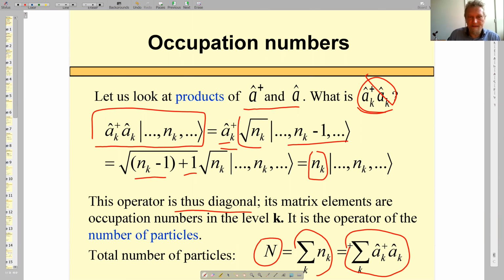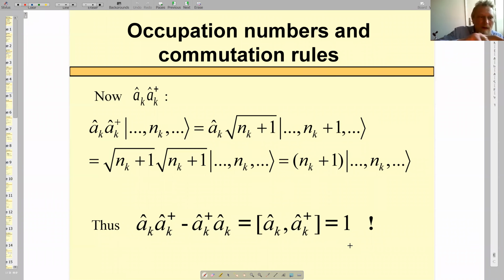Let us do something else. Let us change the order of the operators. It is important that creation and annihilation operators do not commute. Again, one can just plainly compute this, acting in this order. We have n plus 1 at this particular level. Please pay attention to the fact that it works only on a particular level. It doesn't do anything with all other levels.